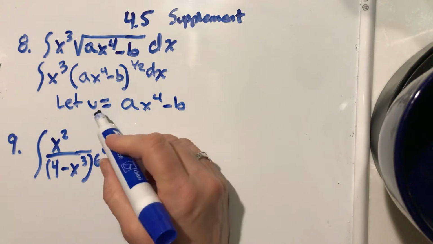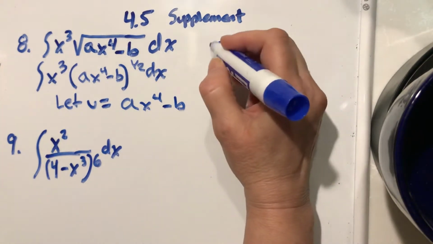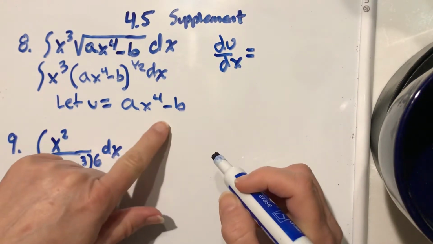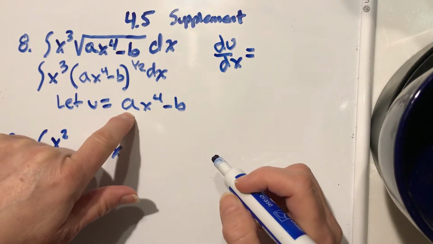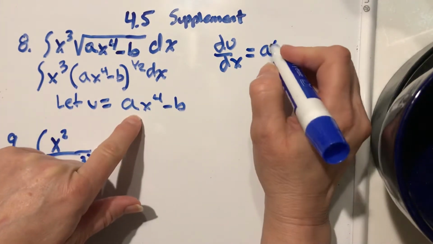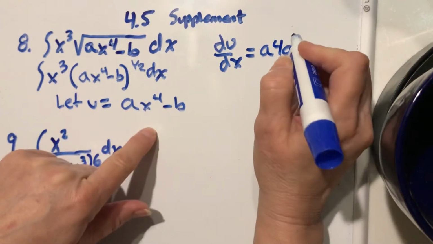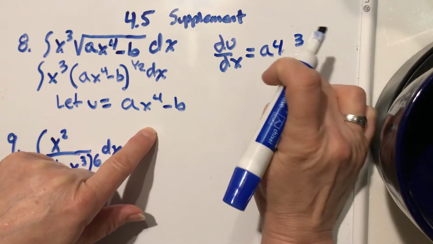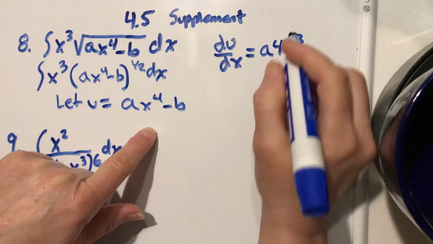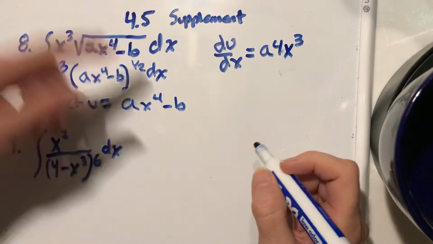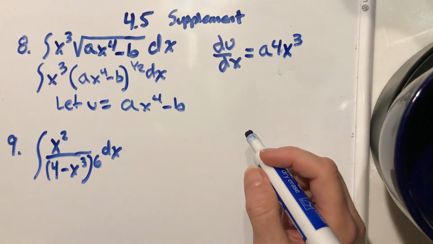Then if we take the derivative, so I'm going to say du dx, I'm going to take the derivative of this, and since that is treated like a number, we would leave it the same, bring down the 4, and then minus 1. Oops, that should say x. So that says a times 4 times x cubed. And the derivative of a constant b is just 0.